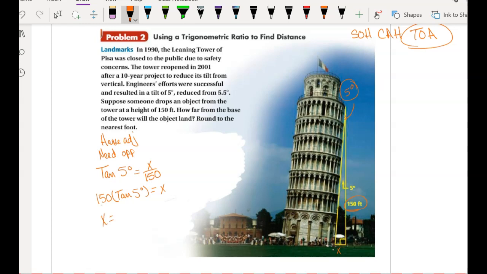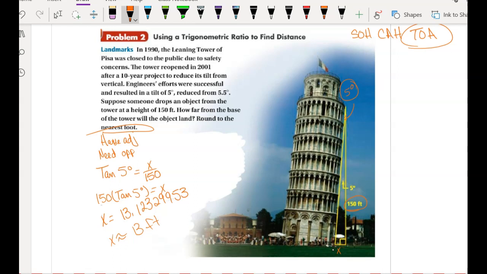So x is equal to 13.123229953. But it wants us to round our answer to the nearest foot. So x is approximately 13 feet.